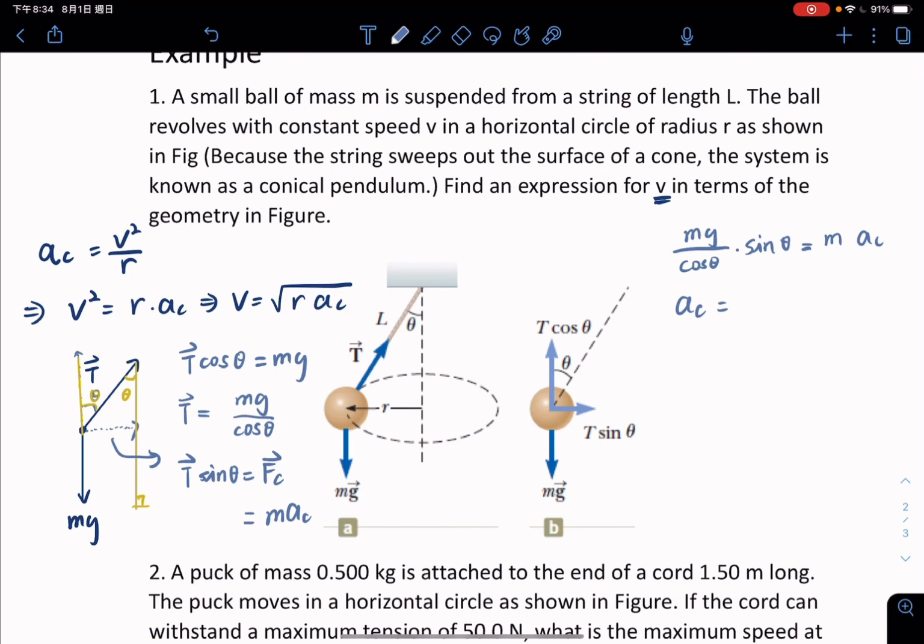AC is equal to G tangent theta. And what is the value of R? This is the length of string L, and this is theta. As a result, our value of R is described here.